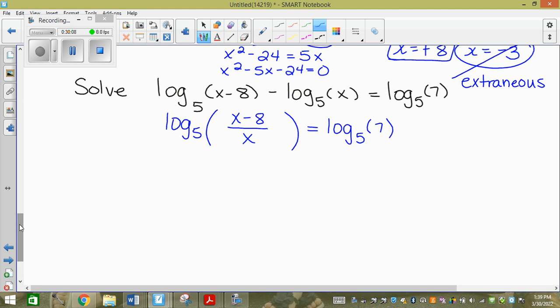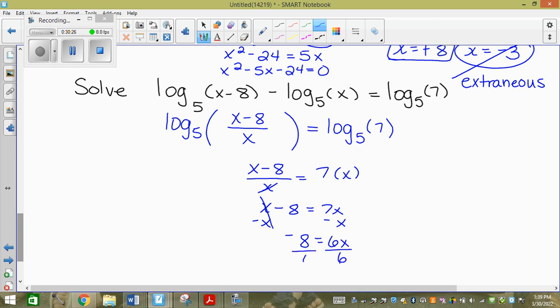Yeah? So we get x minus 8 over x equals 7. I cross multiply, so I get an x up here. And I get x minus 8 equals 7x minus x. Negative 8 equals 6x, divided by 6. X equals negative 4/3.